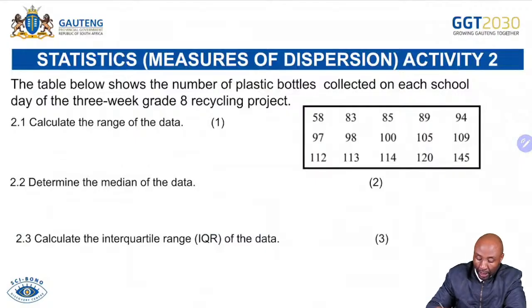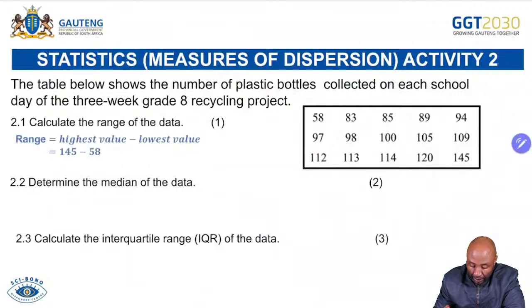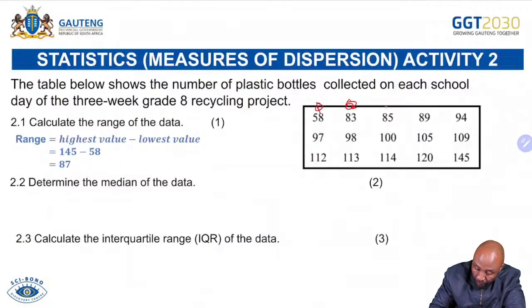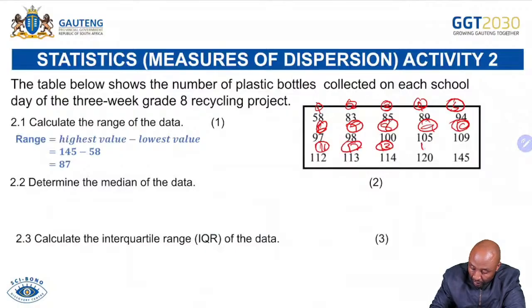The range, we check our data items are already sorted in ascending order. So our range will be 145 minus 58, and that will give us a range of 87. The median, this is our position 1, 2, 3, 4, 5, 6, 7, 8, 9, 10, 11, 12, 13, 14, 15.